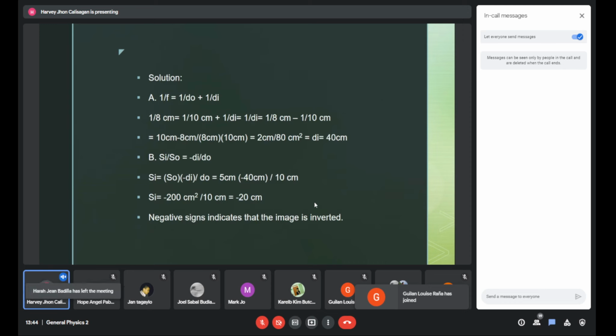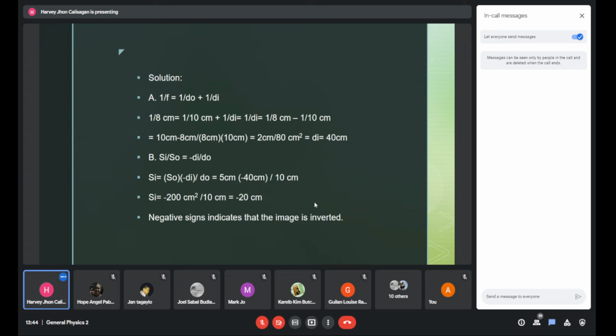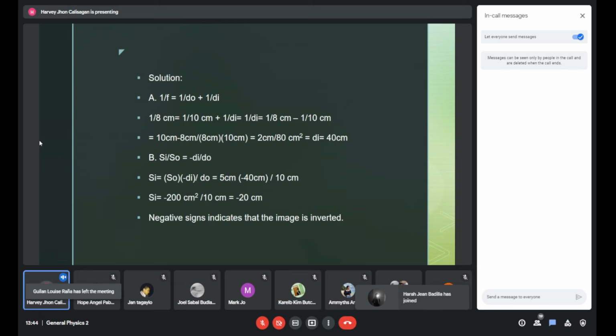First, let's look for the distance of the image. We'll be using the formula 1 over f is equal to 1 over DO plus 1 over DI. Since we're looking for the DI here, we need to transpose.